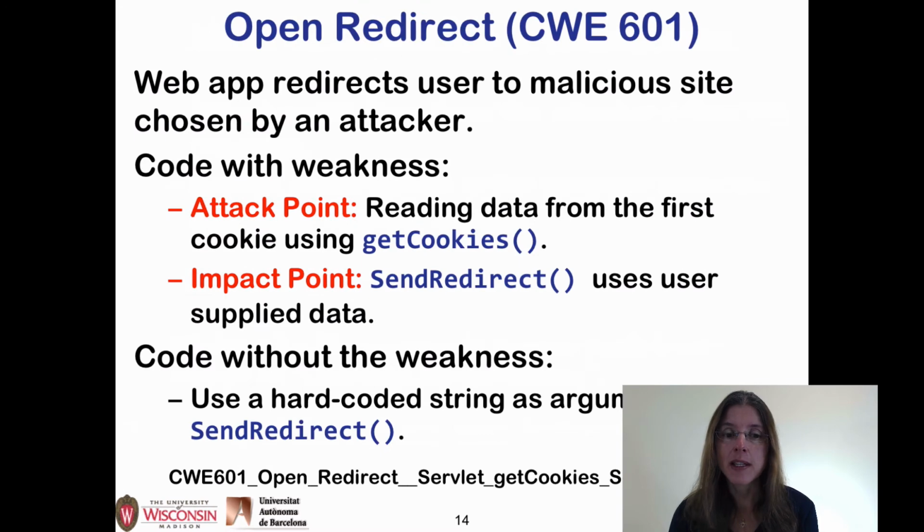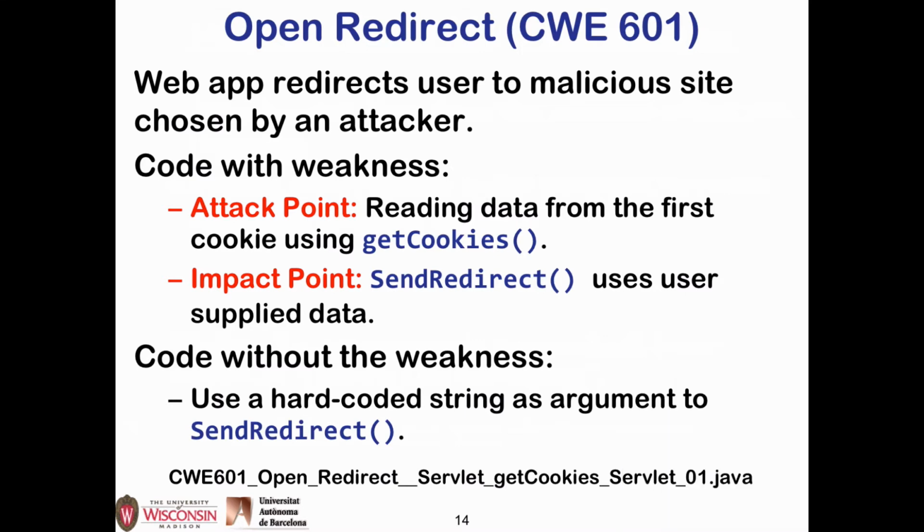For CWE 601, the open redirect attack consists of the web application redirecting users to a malicious site chosen by an attacker. The attack point is when the program reaches the value of the first cookie. The impact point is when the send redirect method uses the user-supplied data without performing any validation.